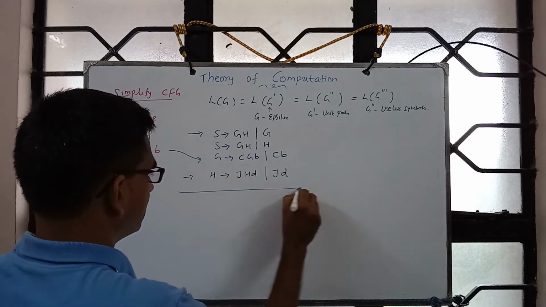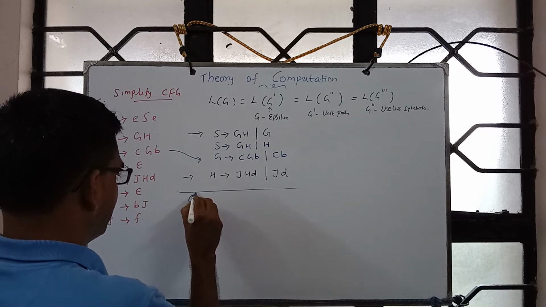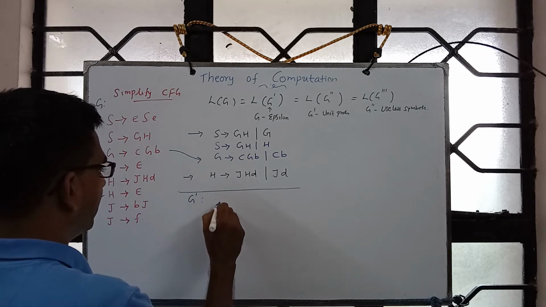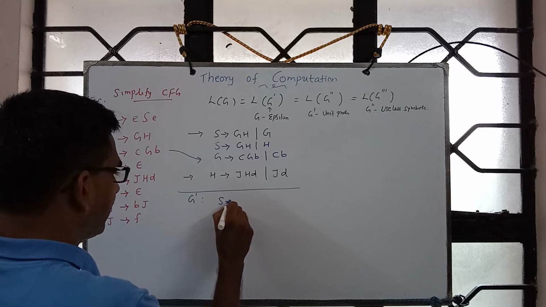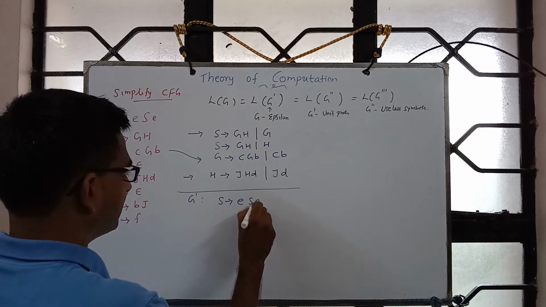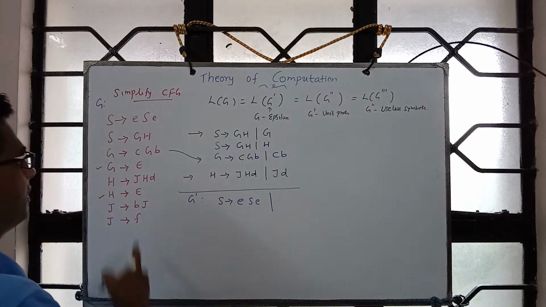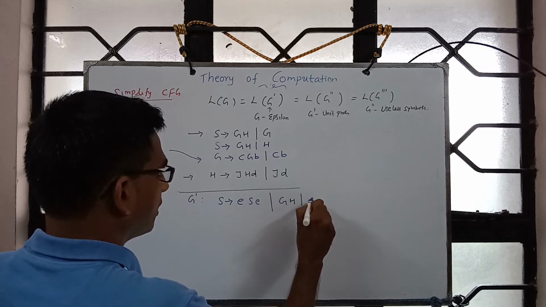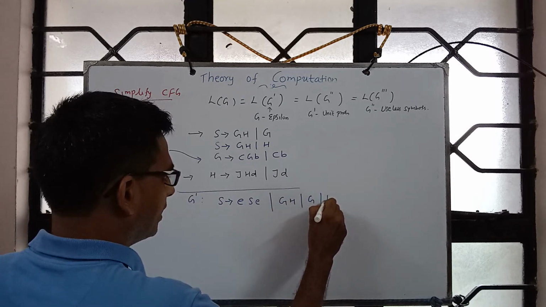So which means the simplified one after removing epsilon productions are S implies ESE, or you get GH or G or H.